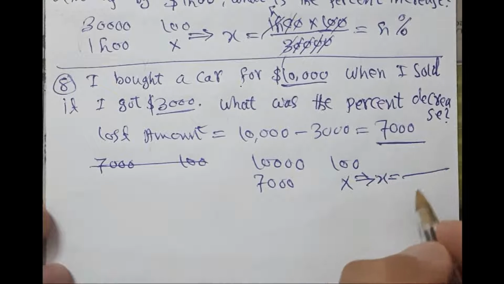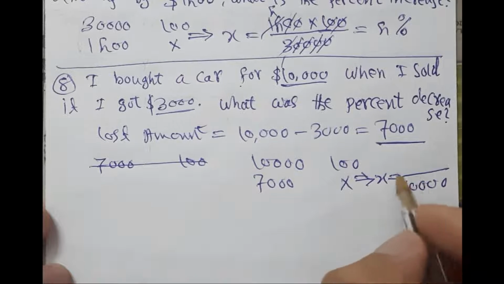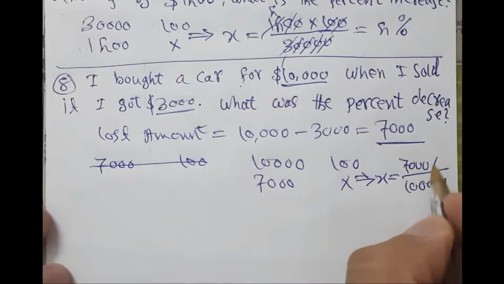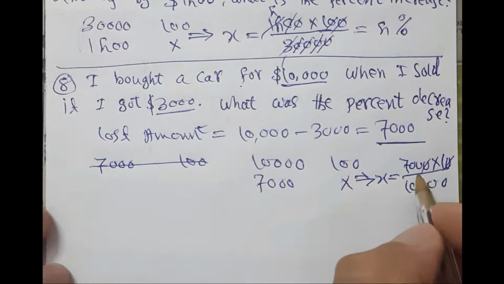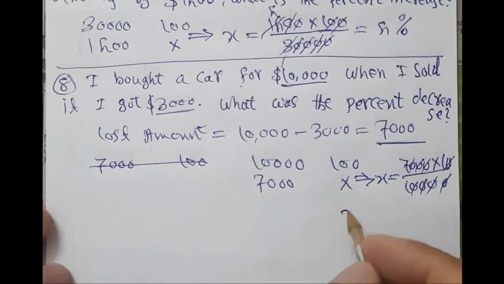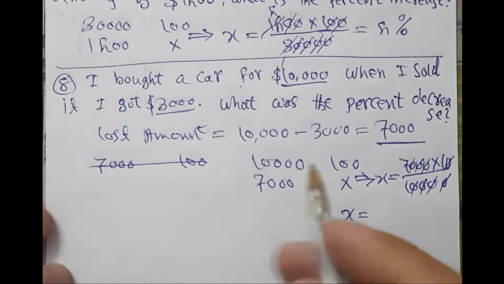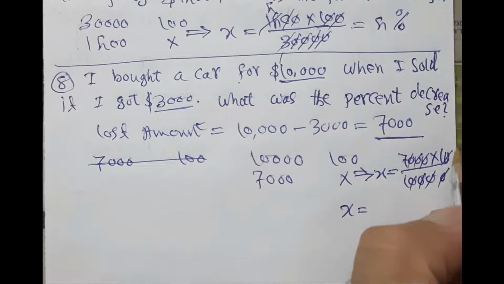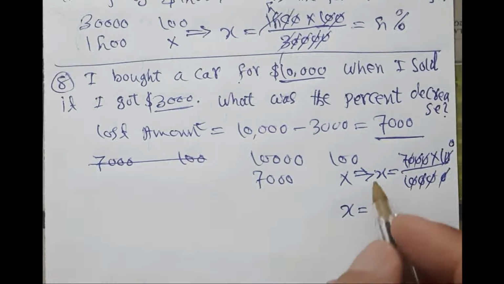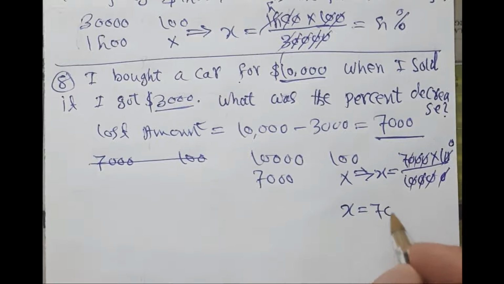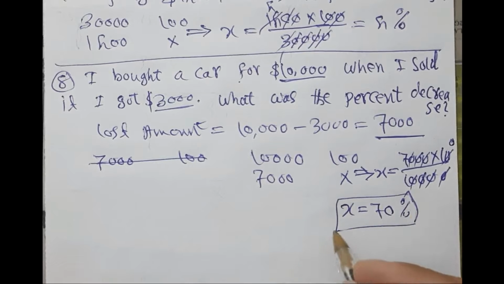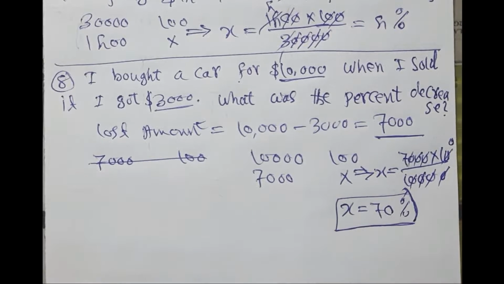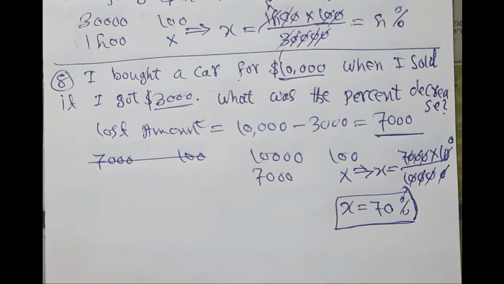X is equal to 7,000 multiplied by 100 over 10,000. Zeros cancel by zeros. Here we also have another 0, 0. 7 multiplied by 10, 70%. I lost 70%. It is the solution of this example.